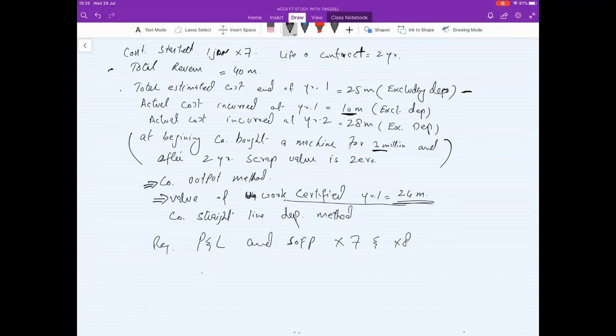Actual cost after 2 years, 28 million, depreciation not included. At the beginning, the company bought a machine for 3 million for this particular project, and the company is using the output method. Value of work certified is 24 million after 1 year, and in the second year the project has already been done, so the work certified amount will be 40 million.